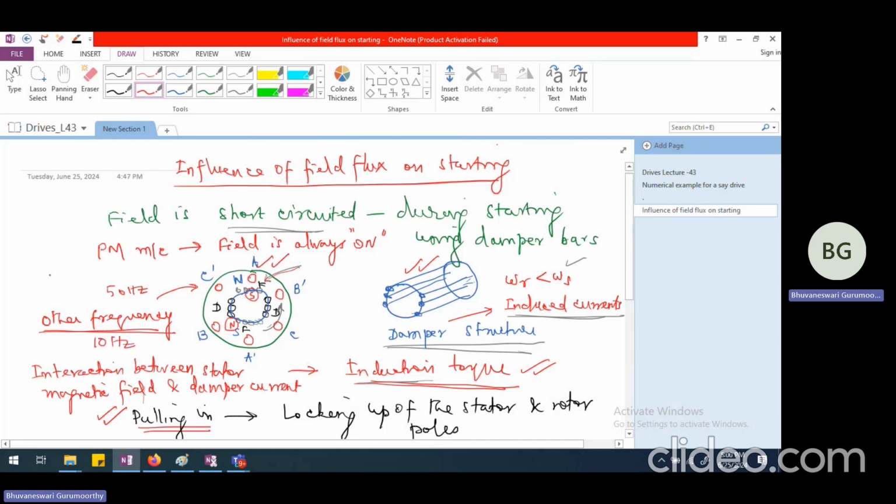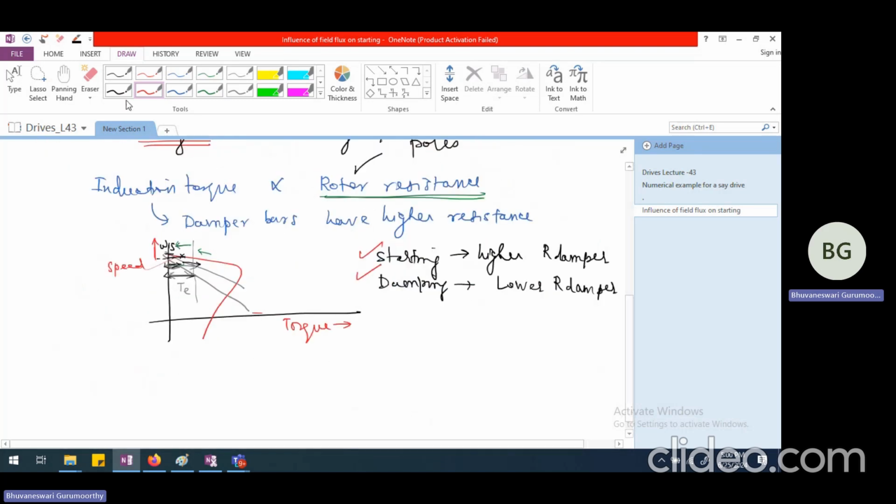If it is 1500 RPM, it is 50 hertz current. So there will be multiple frequency component currents flowing in the stator circuit, because of which we will have harmonic torques or subharmonic torques.